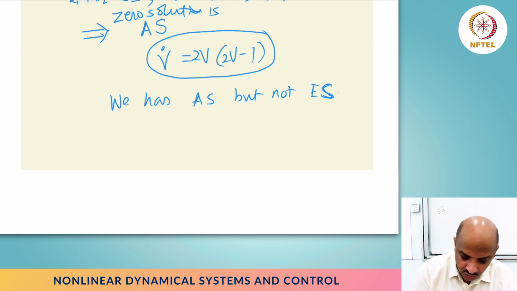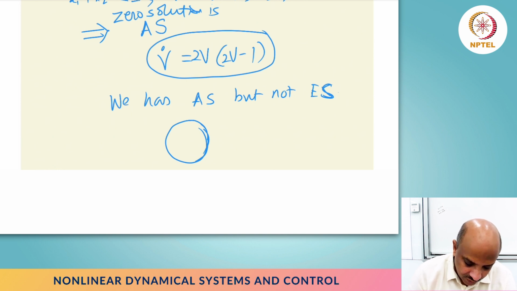Suppose 2v equals 1 corresponds to a circle, right? Now inside this circle, we see that everywhere we'll have this kind of behavior, and one can show that wherever we start, we will end up at the equilibrium point. Right? But if you start outside, v dot is going to be positive, so v is going to keep on increasing.